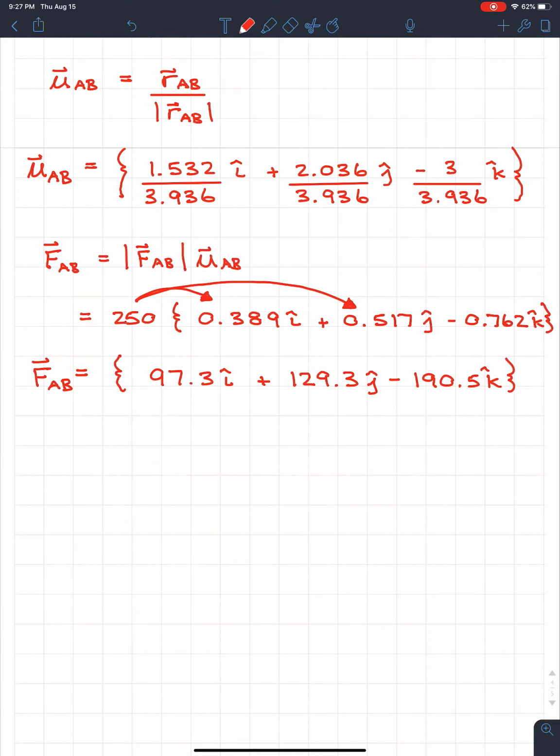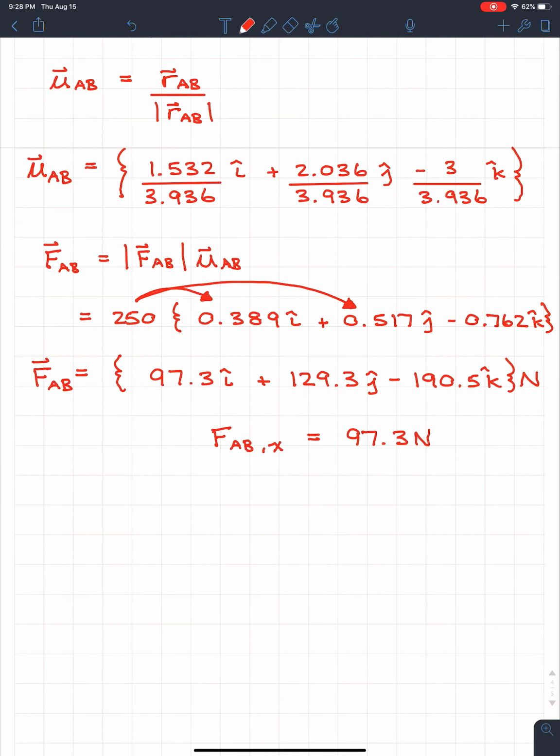in Cartesian vector notation. And what's nice about this too is all of the components you can find are right there. So if the question didn't just ask you for the force vector in Cartesian vector form, and let's say it wants the x component, you can just say force AB, comma x, the x component, that's just going to be the 97.3 newtons. And remember, we need units.